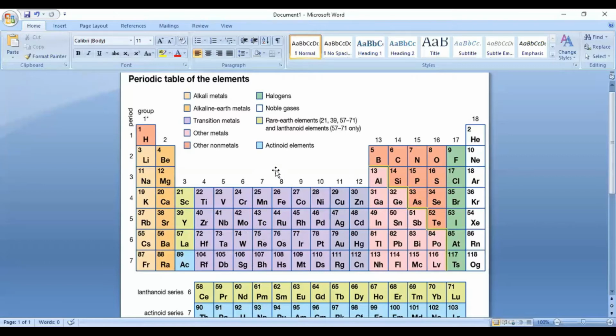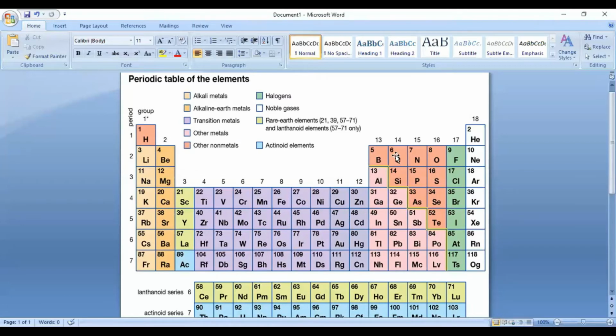These are all the types of metals which are found on Earth.